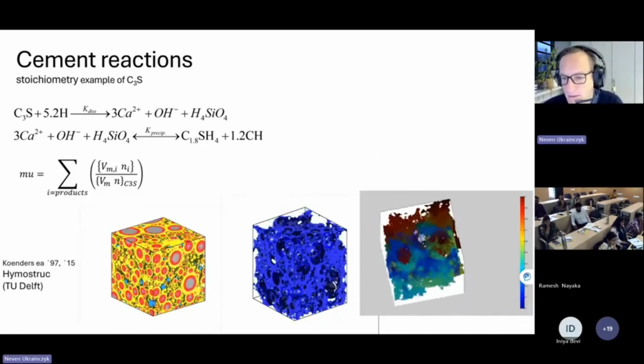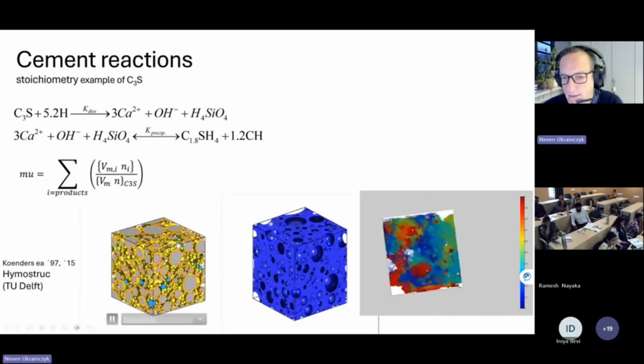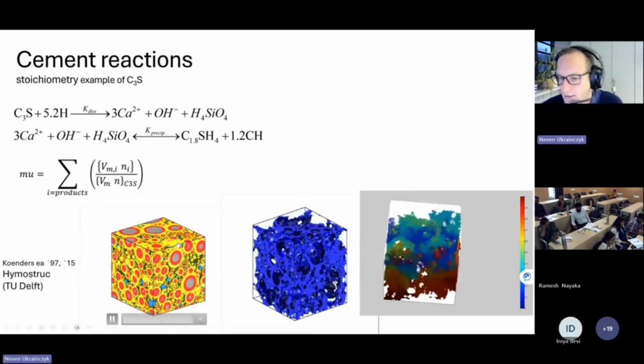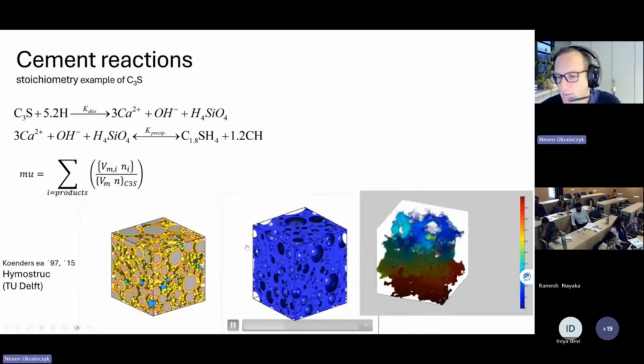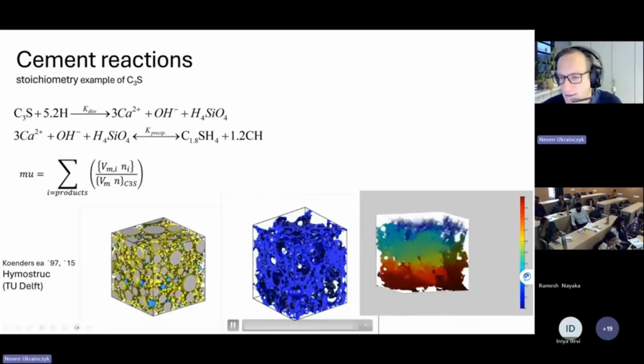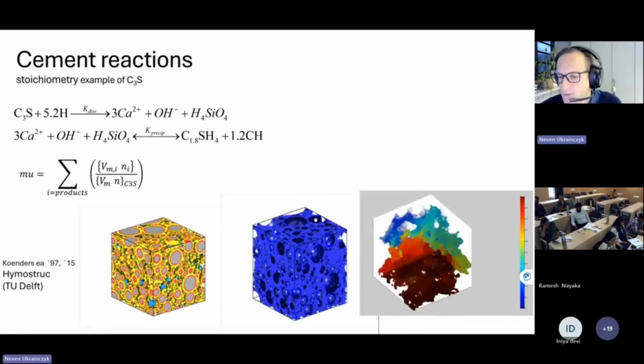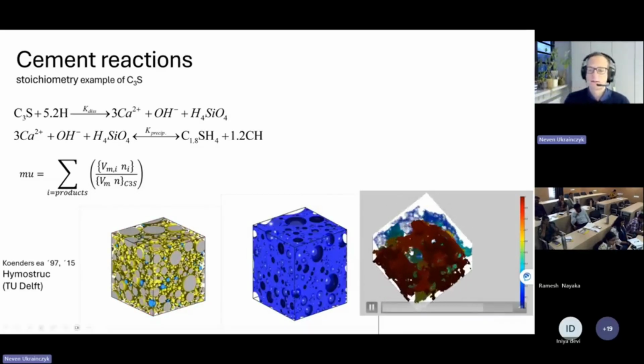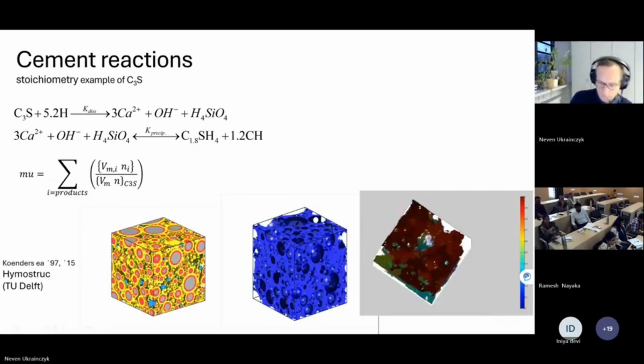So there is, of course, a clear link between the reactivity, hydration models, chemistry, and diffusivity, because the final microstructure basically determines the diffusion properties, which then determine the durability.